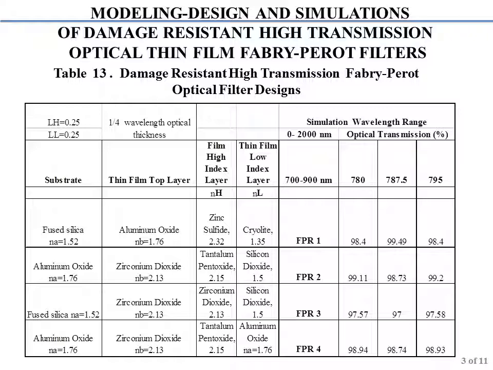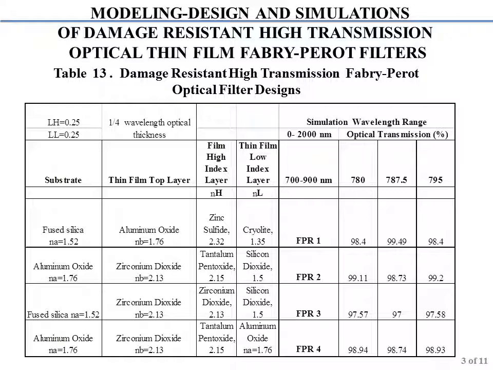In the case of the substrate being aluminum oxide, we have zirconium dioxide as the atomic alkali resistant protective layer, and we decide to use, for example, tantalum pentoxide and silicon dioxide as our relative high-low index of refraction materials to create Fabry Perot filter number 2 with high transmission at the 780 and at 795 nanometer.